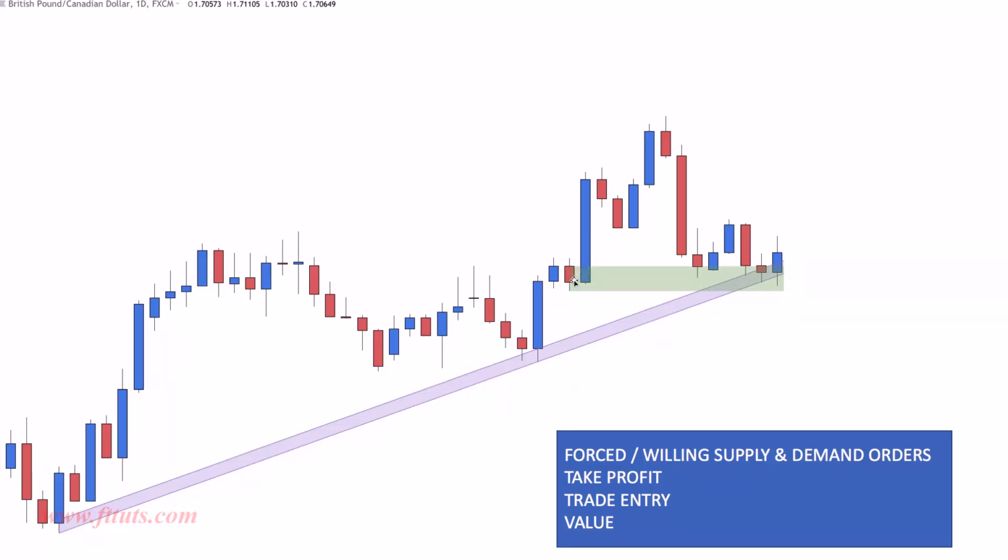We always need the confluence, or they are confluence to, secondary to supply and demand zones. So we're looking to trade demand zones or supply zones and then look for any diagonal support or horizontal support or dynamic support within this demand area.